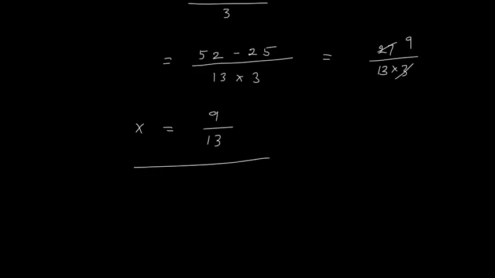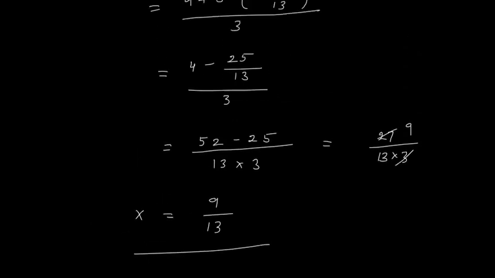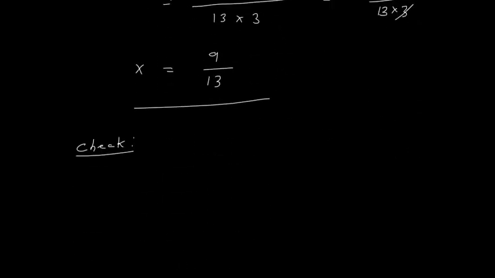Now I will do a check. Sometimes the answer which we get is something that we have some doubt about. So in that case you can check. How do you check? From equation 1. Let us find its left hand side with these values.